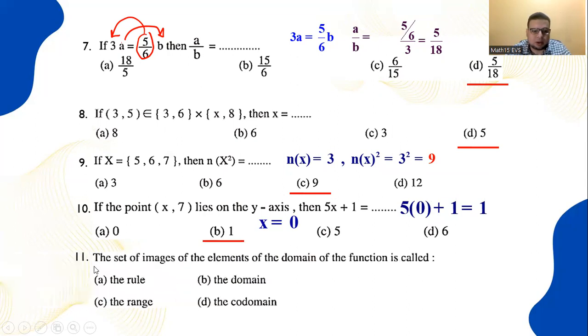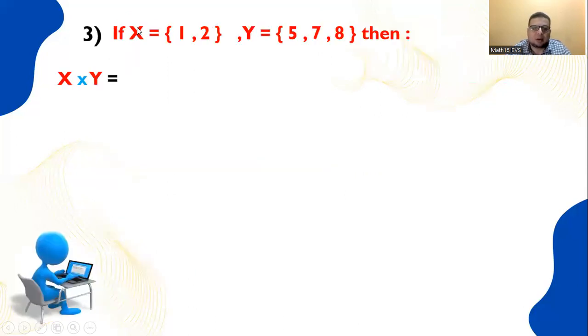Question 11. The set of images of the elements of the domain of the function is called the image, which is in the codomain, the range. Question number 3 here, say problems.